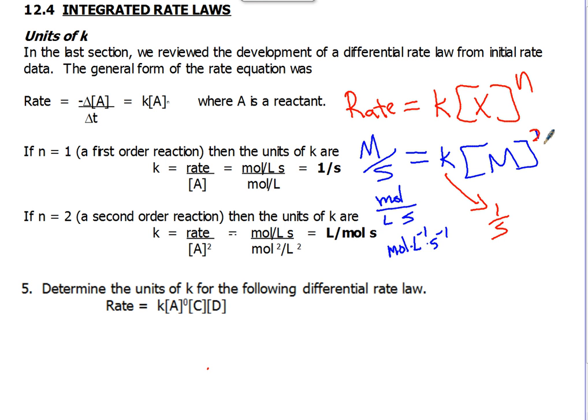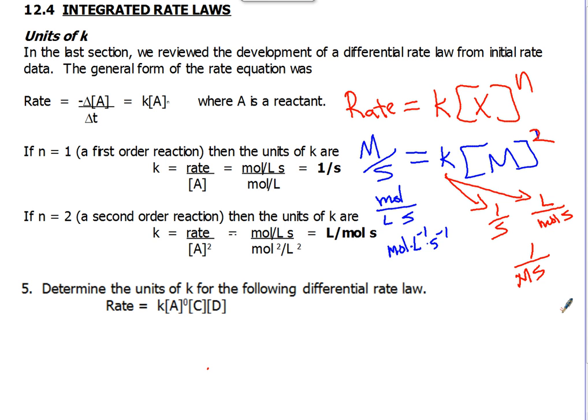What if this was squared? Well, K has to cancel out pieces to get it down to molarity per second. So it would be liters per mole second, or 1 over molarity second. That looks like a horrible way to write that.